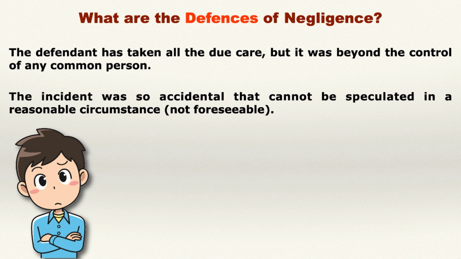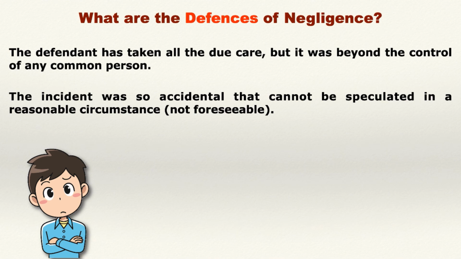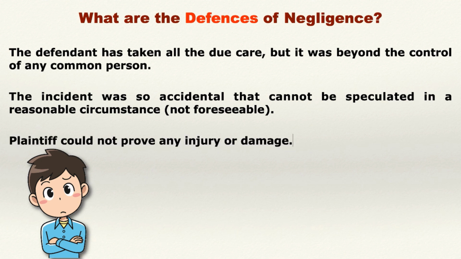For that you won't be liable. The third one is the plaintiff couldn't prove any injury or damage. Though the plaintiff claims that because of B, I have suffered such injury or damage, he couldn't prove that he actually suffered some injury. In that condition, again, the defendant won't be held liable.